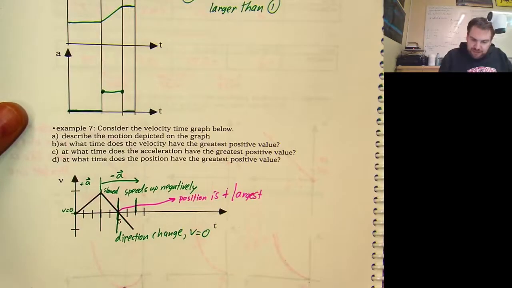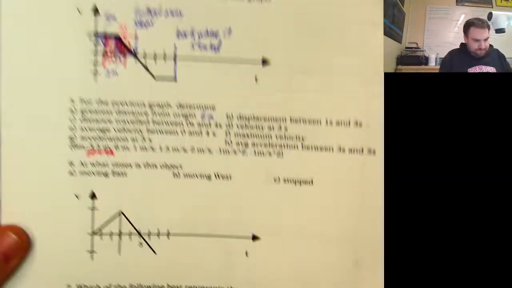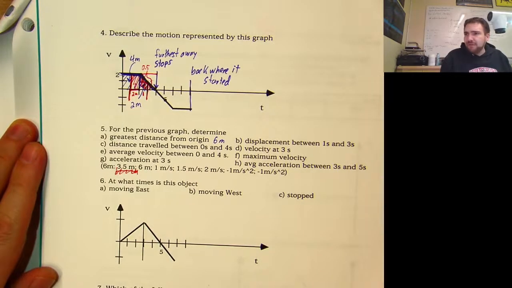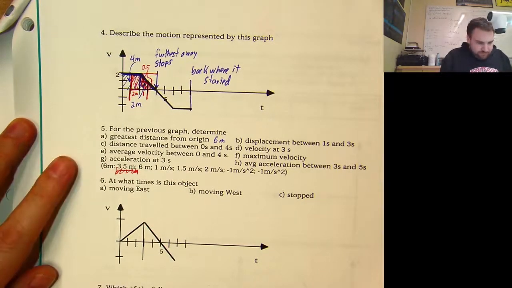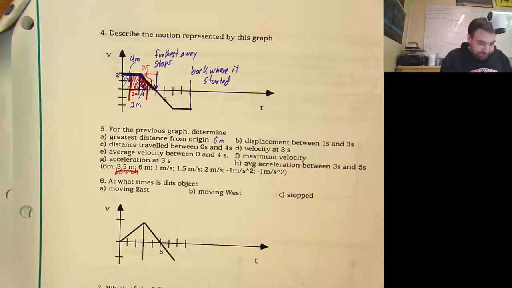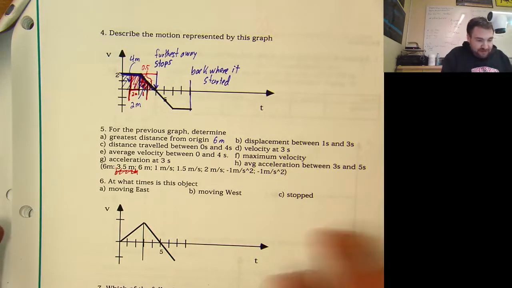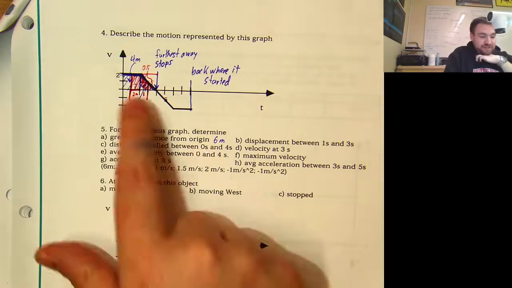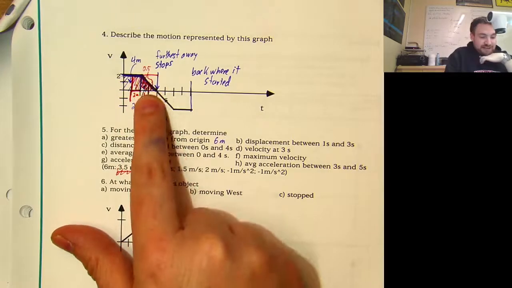For lesson 3, there was a few. One of the things that students forgot for number 5 here is the greatest distance from the origin. Well, this is a VT graph, so we can multiply the velocity times the time.